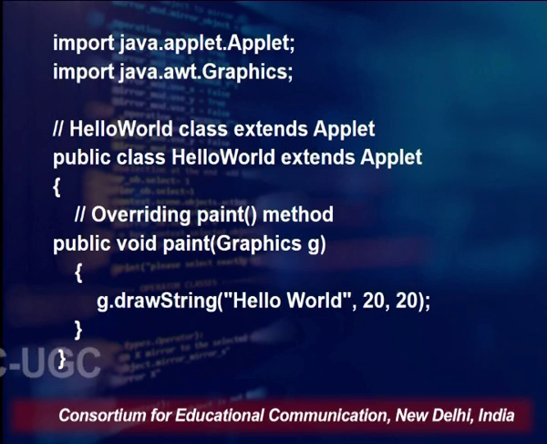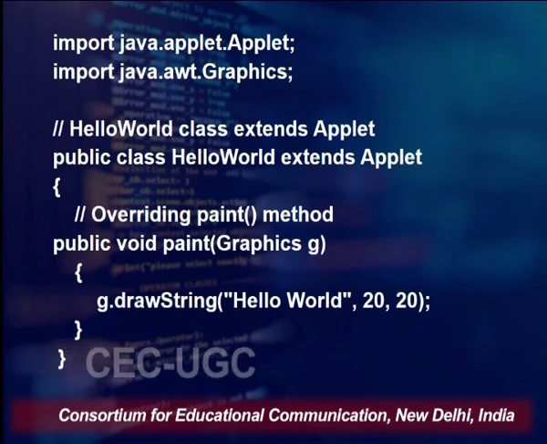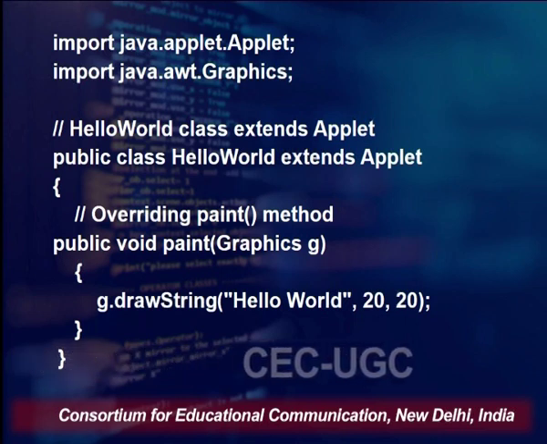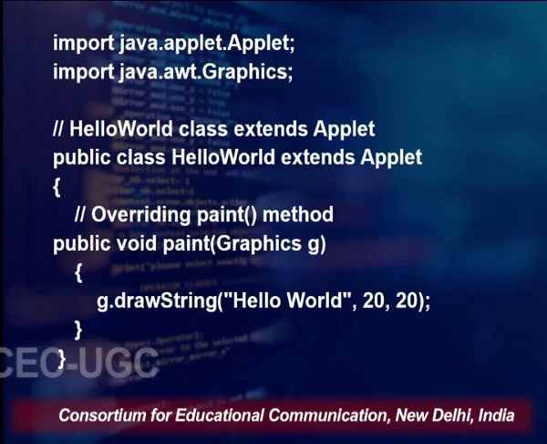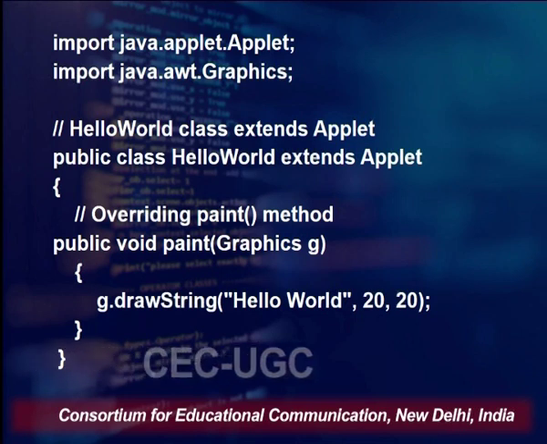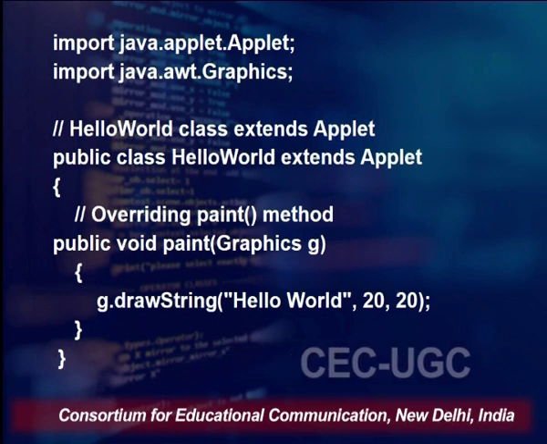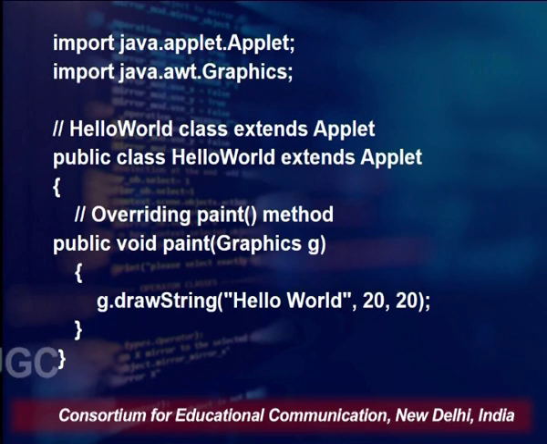We are also going to work with the graphics context, which is passed as a parameter inside the paint method. That is why we need Graphics also, and this is available inside java.awt.Graphics, and AWT, I told you, is the Abstract Window Toolkit.